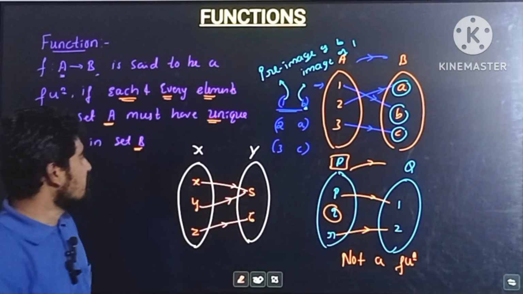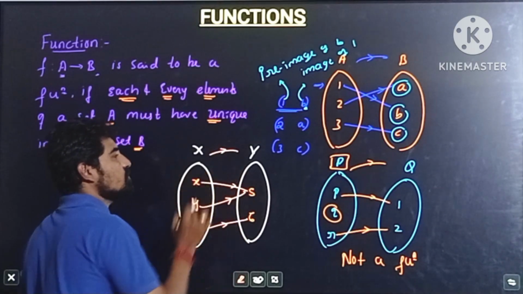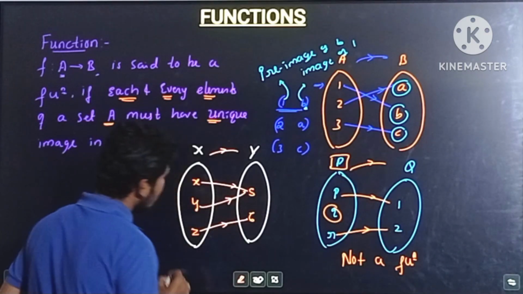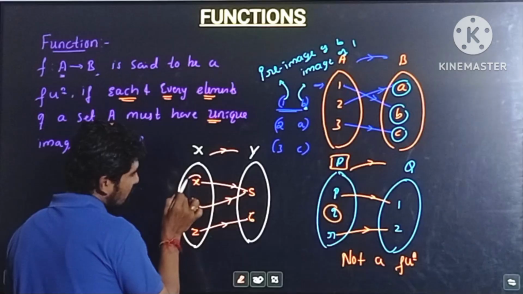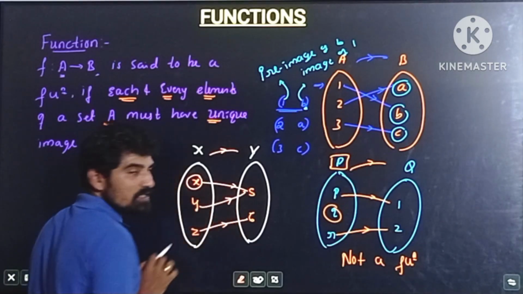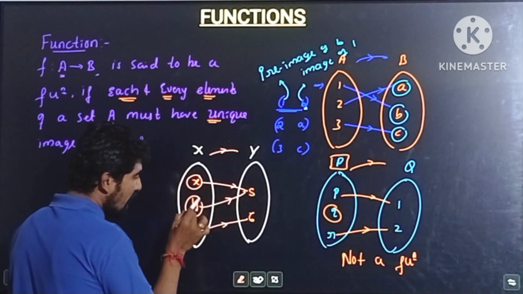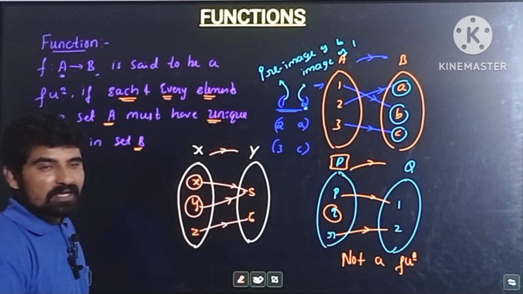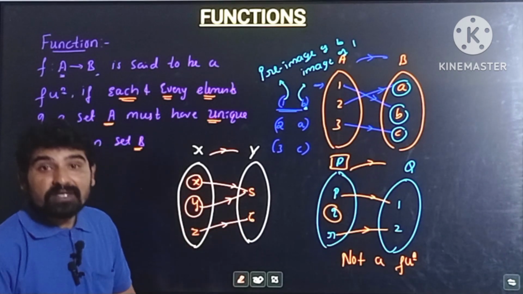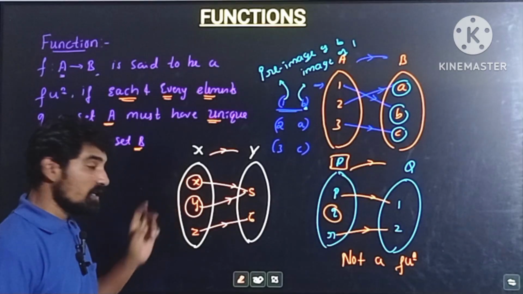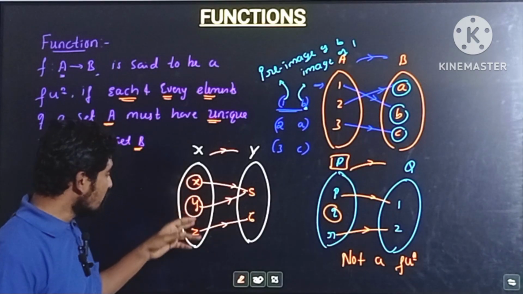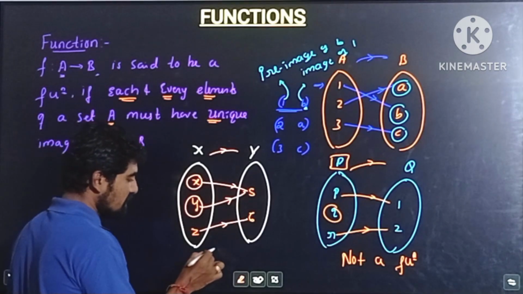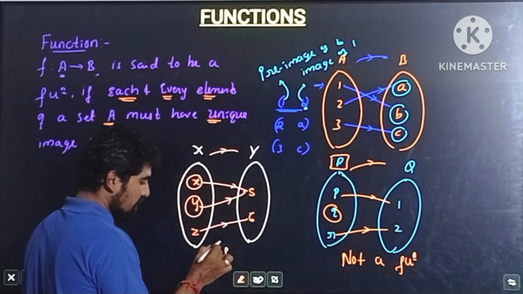Is this relation defined from the set X to Y a function? Observe here, the element x has a unique image, y has a unique image and z also has a unique image. It means this relation is also a function. Obviously x and y have the same image, but these elements x and y each have a unique image. That's why this relation is also a function.